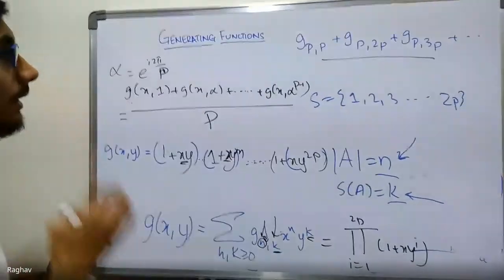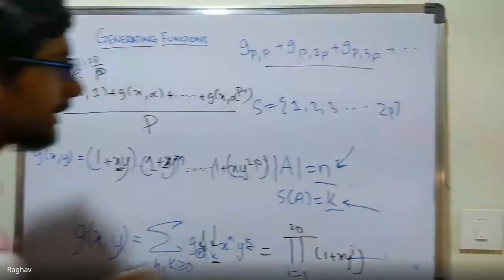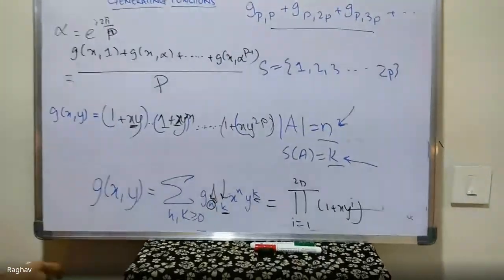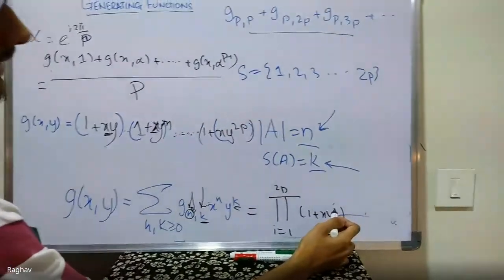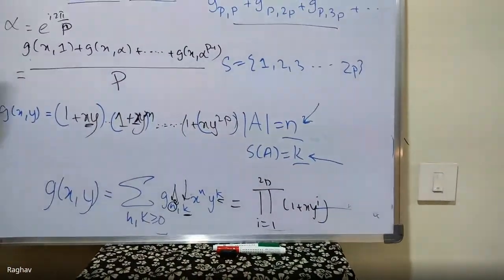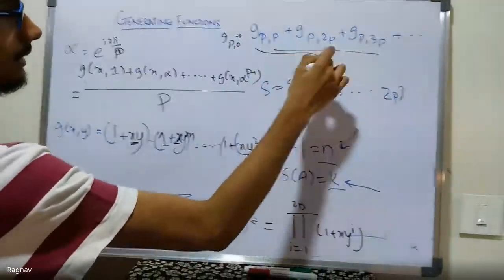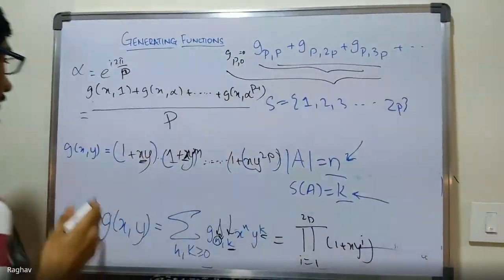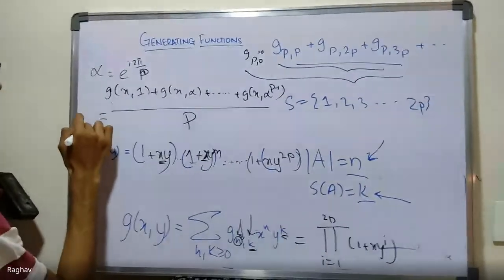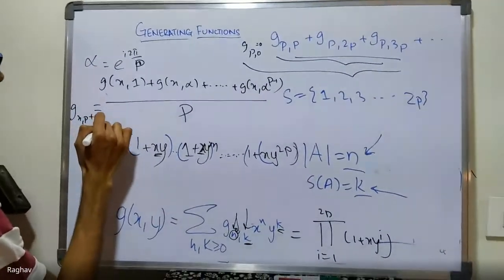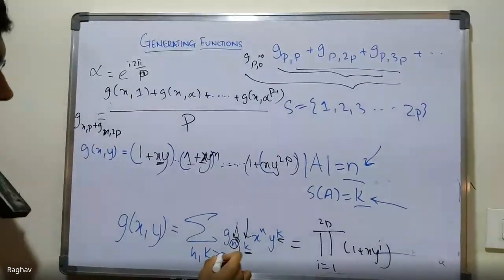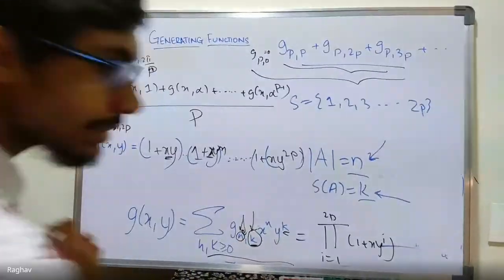This is the sum of these p coefficients. There's no zero here, notice, because this i starts from 1, so g(p, 0) is 0. So this thing includes 0 as well. So this is g(p, p) plus g(p, 2p). It's the sum of the coefficients such that k is a multiple of p. Could you pause for a moment? Why is this?